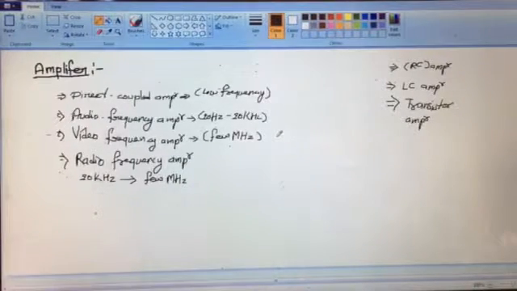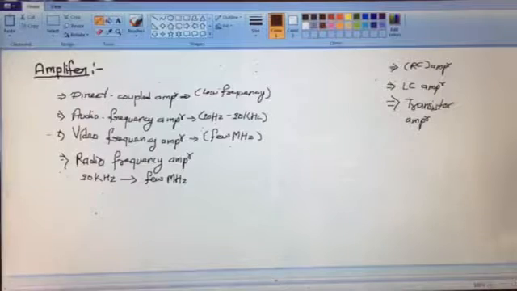Here we are dealing in electronics, so it's necessary to leave RC amplifier and LC amplifier. Now we are going to define transistor amplifier.